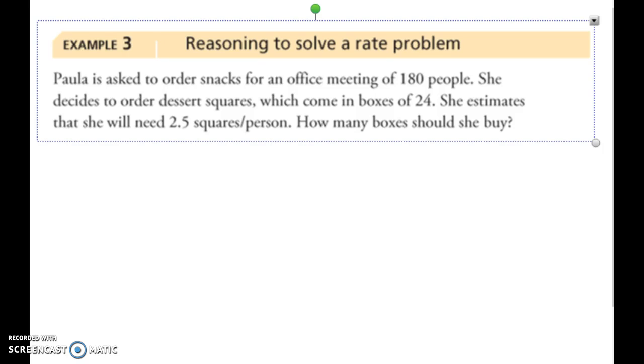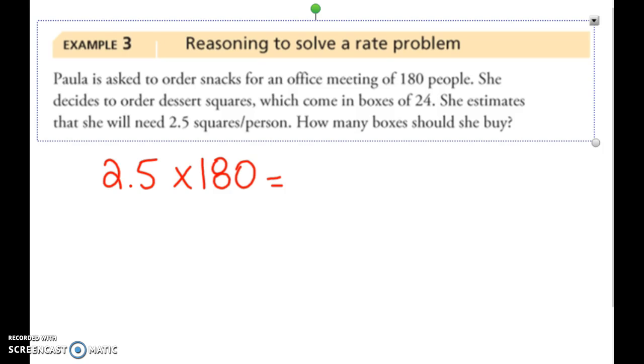So we know there's 180 people going, and we know that each box holds 24 snacks. So we look at 2.5 snacks per person, and there is 180 people going.